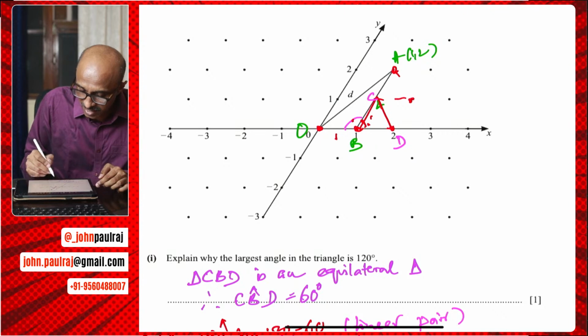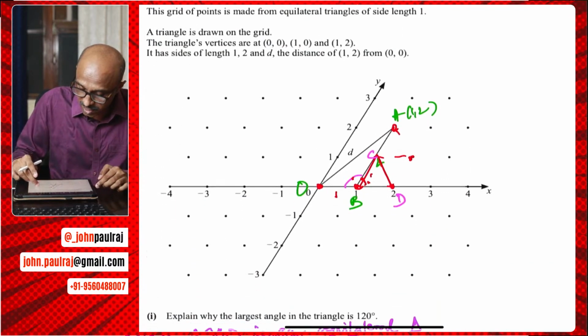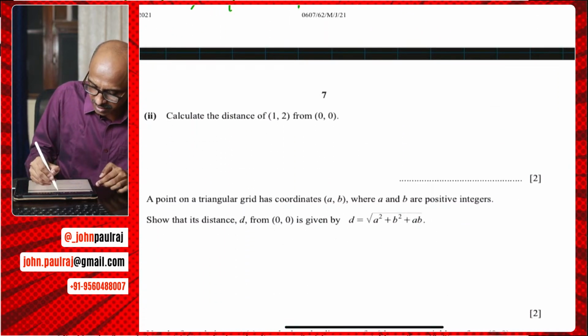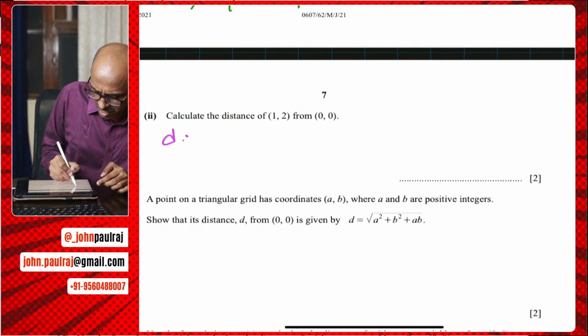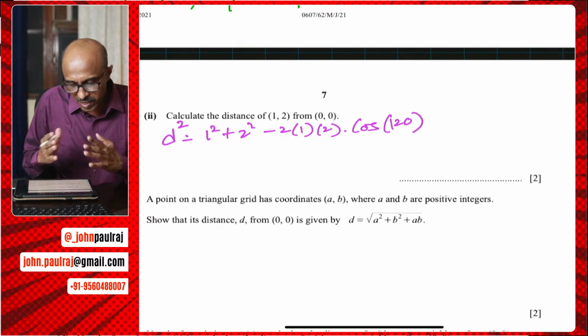So we have this angle, and here we can use one of the rules that's given to us. The cosine rule is what stands out. Using the cosine rule, d squared is 1 squared plus 2 squared minus 2 times 1 times 2 times cos of the angle 120. Now cos of 120 is negative half.